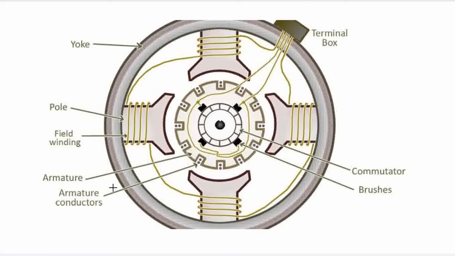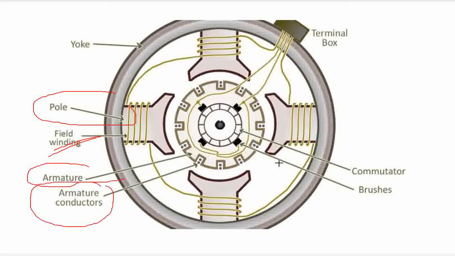Okay, the second important part is the pole and pole core. This is the pole and pole core. This is the pole core. This is the field winding, and this is the armature. In the armature there are so many slots in order to accommodate the armature conductors. So this is the commutator, a ring shaped or circle type commutator.